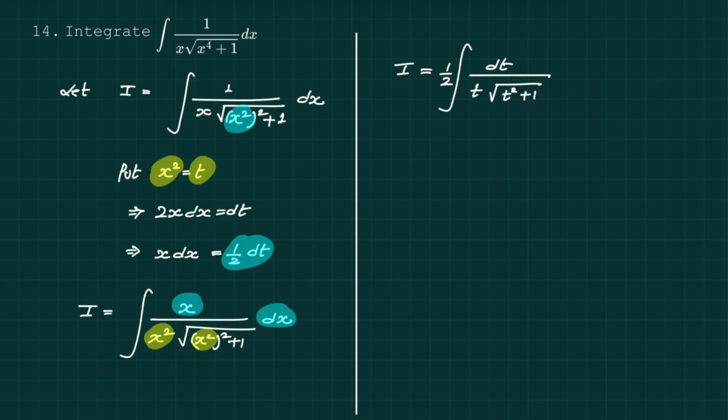Now this is in the formula of sec inverse of t plus c, and let us put back the value of t, so it will be sec inverse of x square plus c.